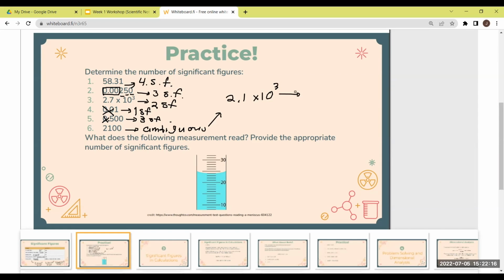This would give us 2 significant figures. We can write this as 2.10 times 10 to the 3, and that's going to be 3 significant figures.